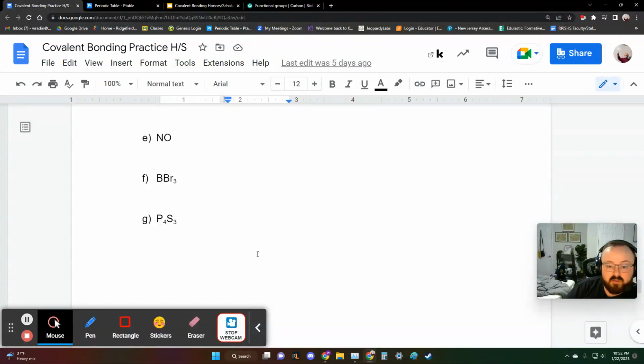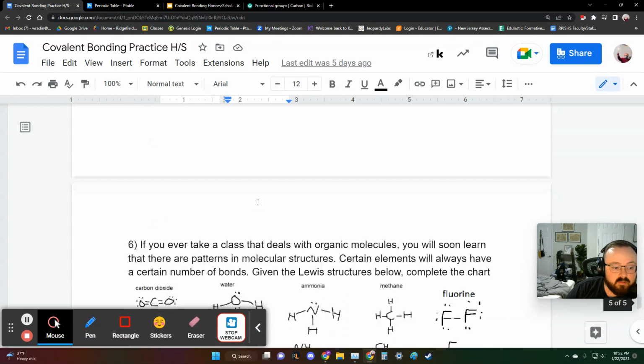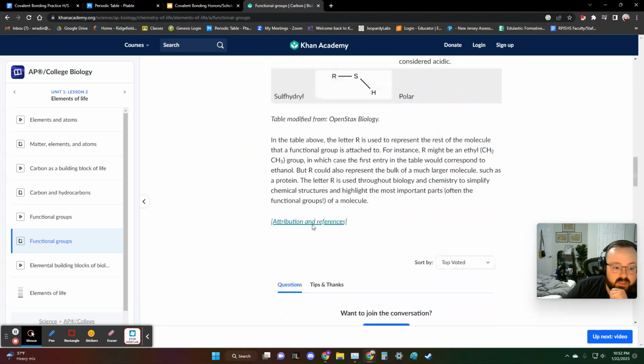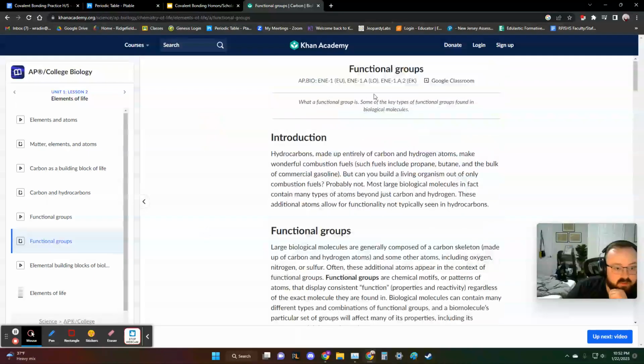And you can check the answer key for the rest of these. Right here, this question here, this is just something that we're going to start to really notice, and this is really, really important if you're taking functional groups.